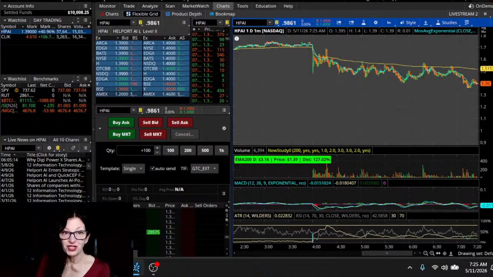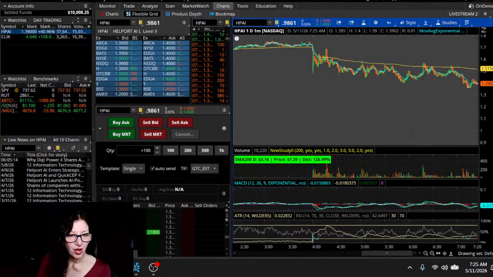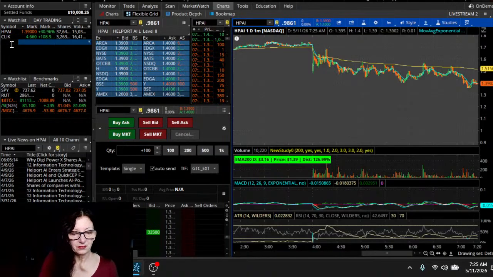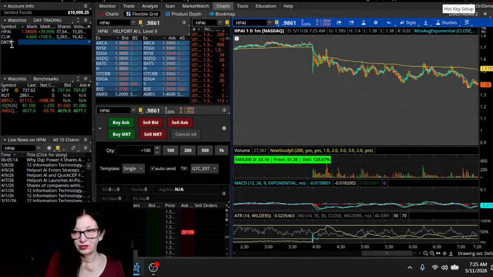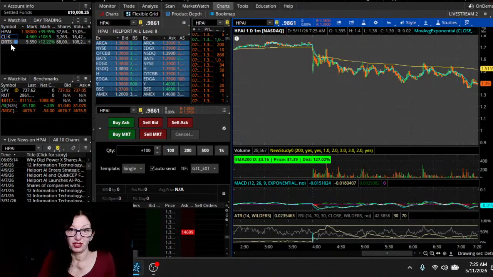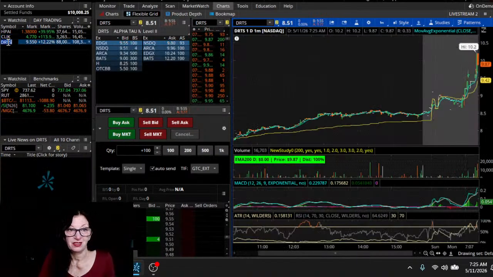That's one of the reasons I had to reduce my share size. DRTS, let's see. This has a higher float, but let's take a look. I will consider a higher float if the price action looks really good and the volume's really good.